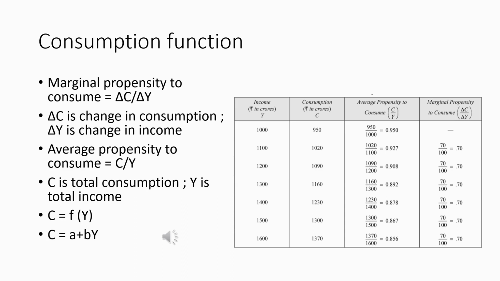Thus, with these factors being assumed constant in the short run, Keynesian consumption function considers consumption as a function of current income. Therefore, C = f(Y), which means that consumption is a function of current income.